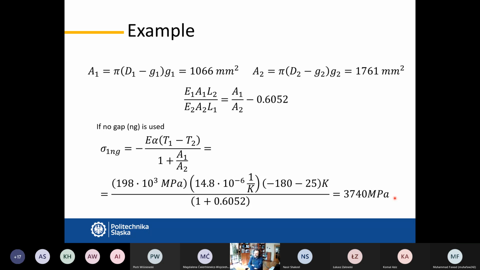Let's assume that the ultimate stress for the steel is not bigger than, let's say, 400 megapascal. That's it. So we have 8-9 times more stress than it can survive. So it would for sure be destroyed. So we see that it is necessary to introduce the gap to reduce the stress.